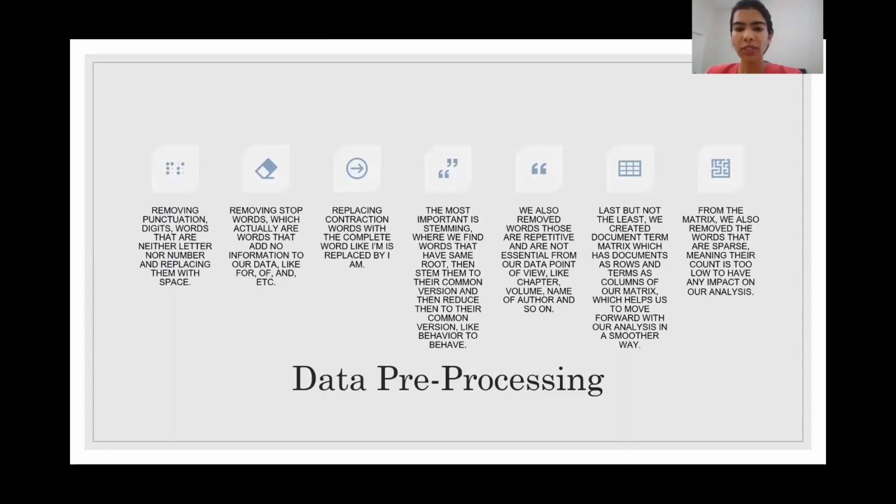Once all this data preprocessing was done, the second important part of the data preprocessing was to create a document term matrix. A document term matrix is a matrix whose rows correspond to documents and columns correspond to terms. Once this was done, the next step was to remove the sparse terms, that means the terms whose count was very minimal or negligible.